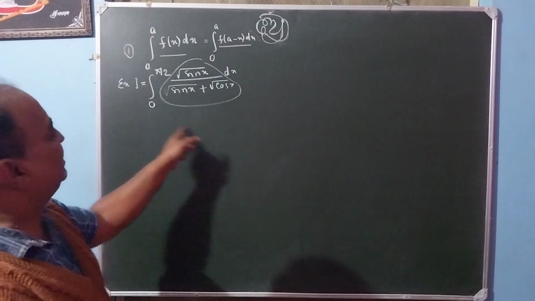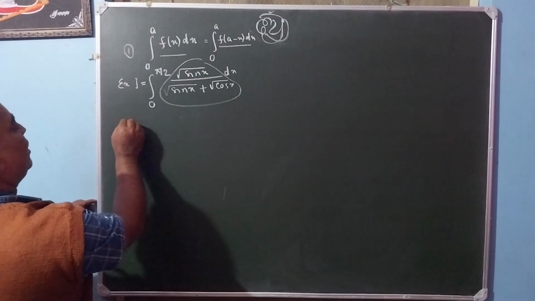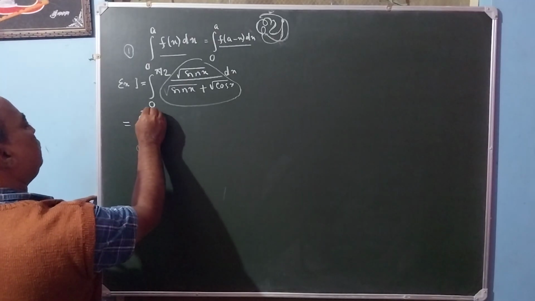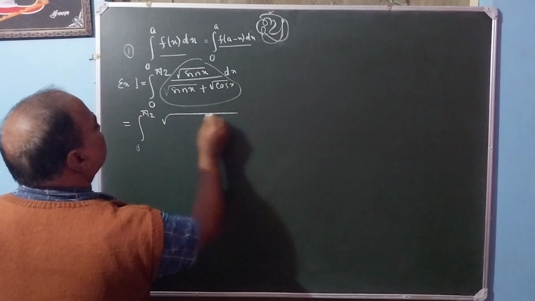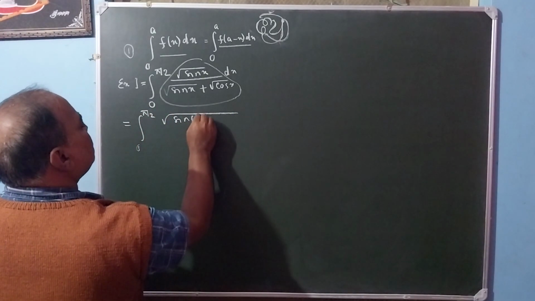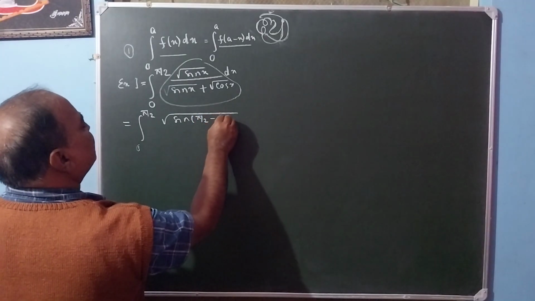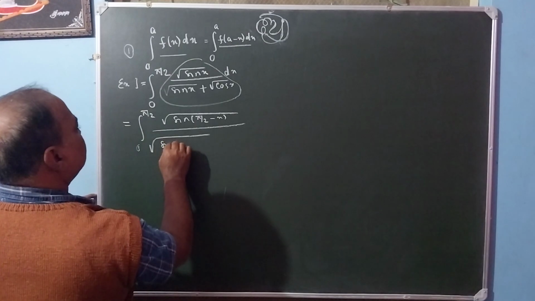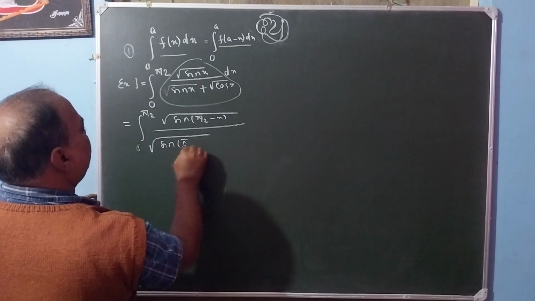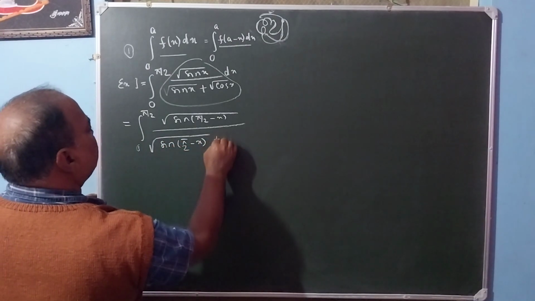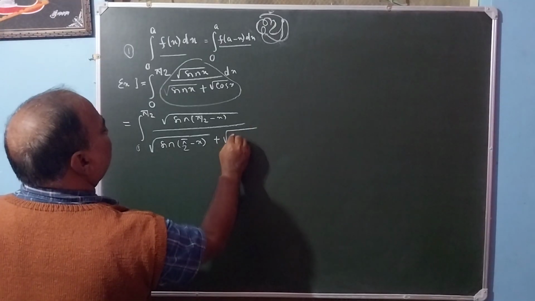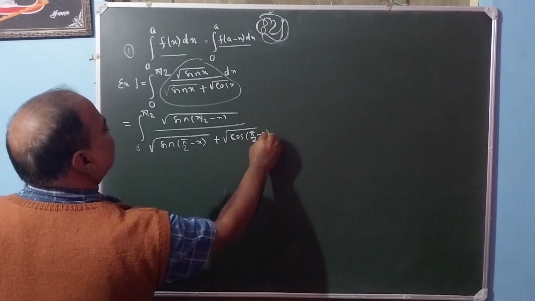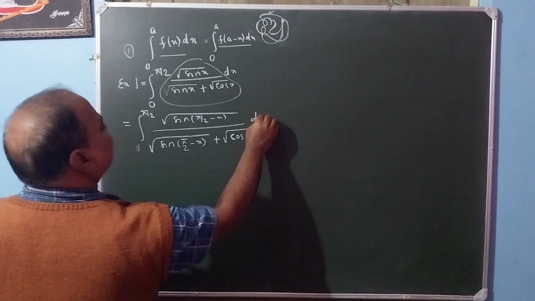Here it is f(x). So the integral becomes integration of 0 to pi by 2 root over of sin(pi by 2 minus x) divided by root over of sin(pi by 2 minus x) plus root over of cos(pi by 2 minus x) into dx.